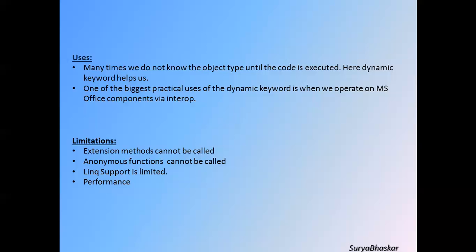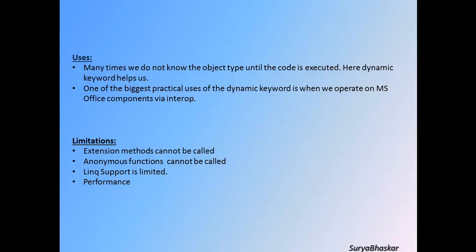Sometimes, whenever we are working with interoperability components, we don't know exactly what type is coming from the library. That time it will definitely be useful. The biggest advantage is whenever we are working with MS Office components via interop, the dynamic keyword will be very useful.